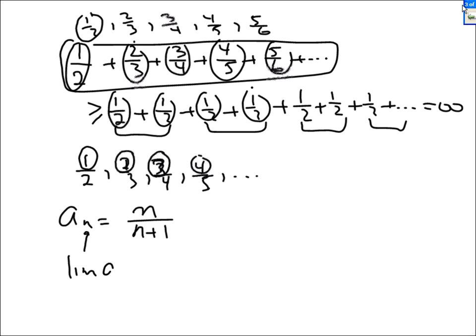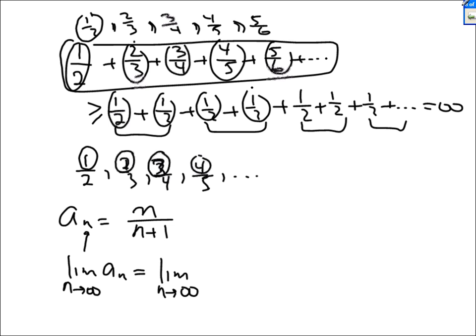The limit of a sub n as n goes to infinity. If this limit is not 0, then the series diverges. With sequences, you just list the terms. When you list things, you put commas between them.